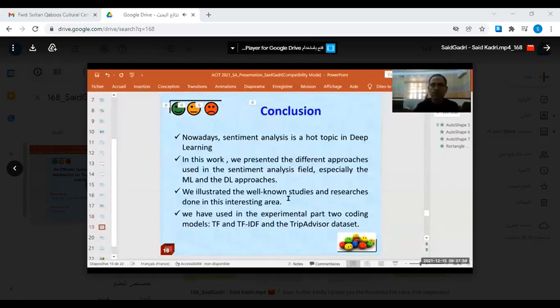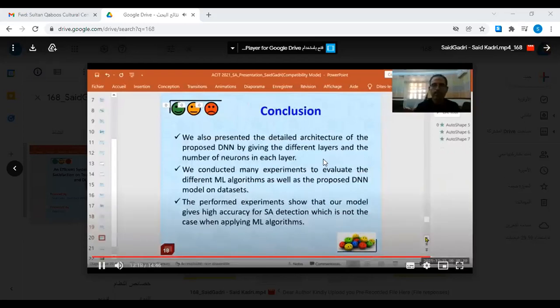So as a conclusion, I can say nowadays sentiment analysis is a hot topic in deep learning. In this work, we presented the different approaches used in the sentiment analysis field, especially the machine learning and the deep learning approach. We illustrated the well-known studies and research done in this interesting area. We have used in the experiment part two coding models, TF and TF-IDF, and a TripAdvisor data set.